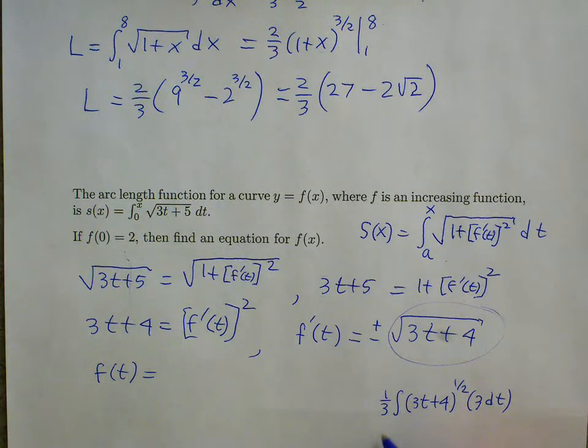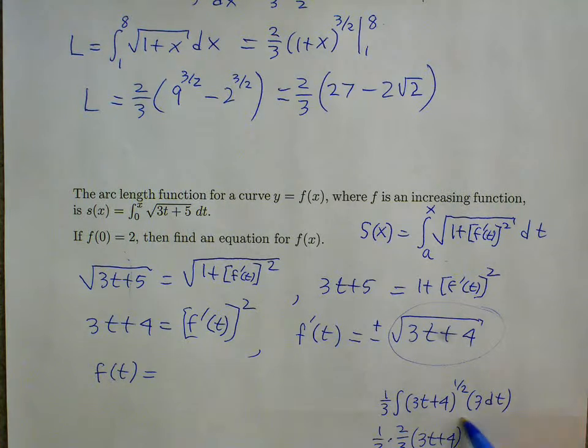And then an antiderivative is going to be 3t plus 4 to the 3/2 divided by 3/2, or multiplied by 2/3. And then plus a constant.